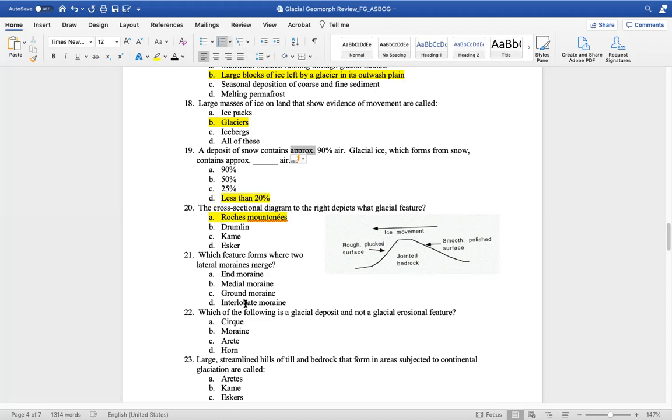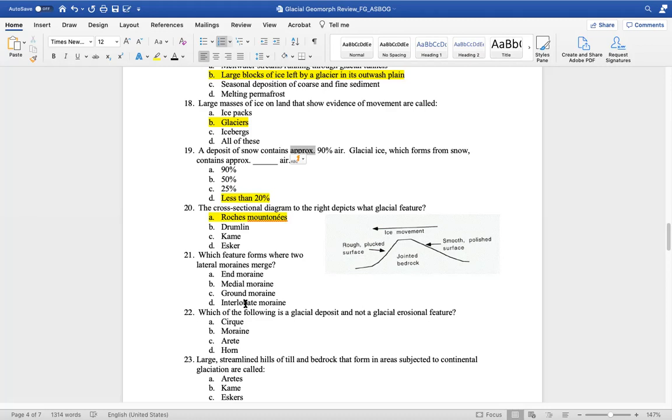To me, the first one that pops out is a medial moraine, and I know that medial moraines are the ridge of a moraine that cuts down where two glaciers meet, and their debris makes that ridge.